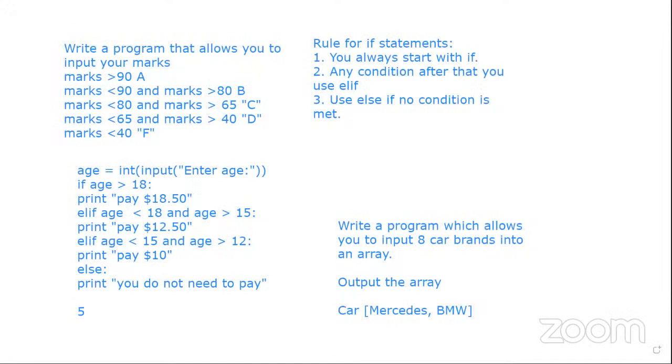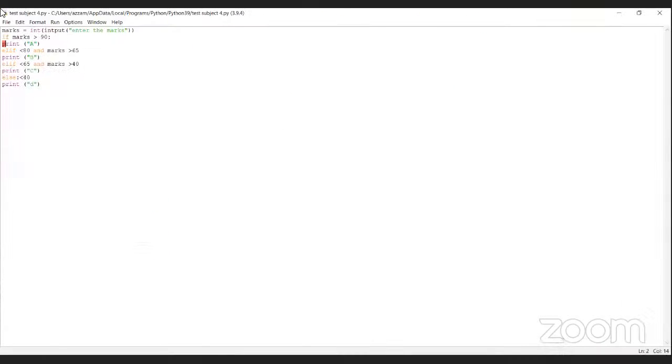Write a program which allows you to input 8 car brands into an array. Output the, excuse me, I have a problem with my code. Azam, show your screen. When I run it, you didn't indent.